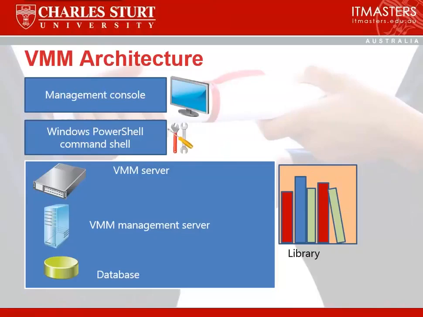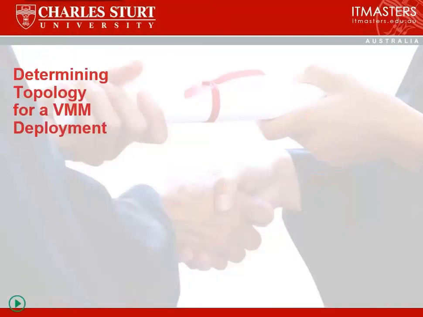It has a management console, full PowerShell support. You need to install this on a dedicated server, and it usually uses a SQL database to control all of your VMs, including your VM environment. It has lots of tools where you can import VMware into Hyper-V. And it's a library where you can select your images.